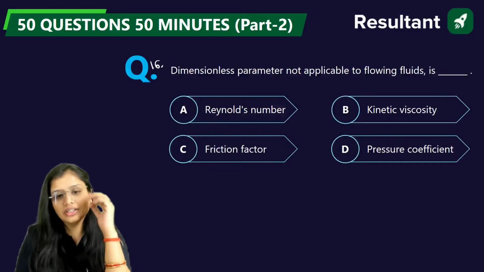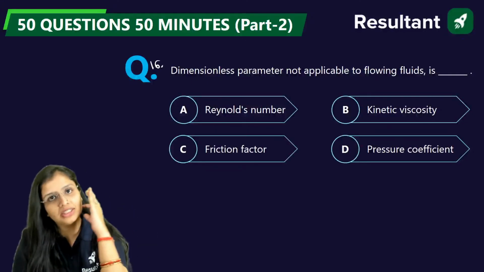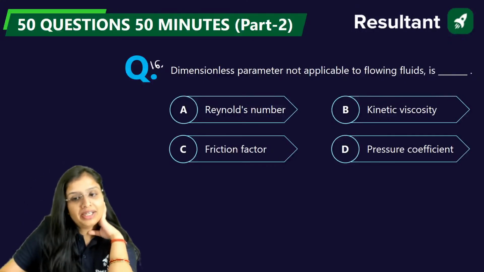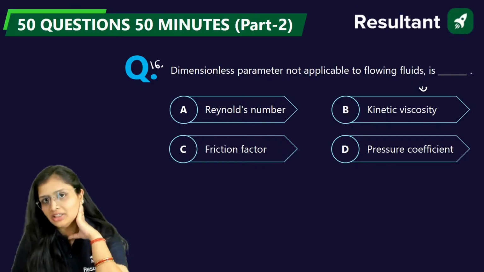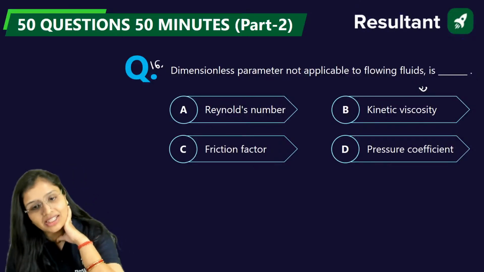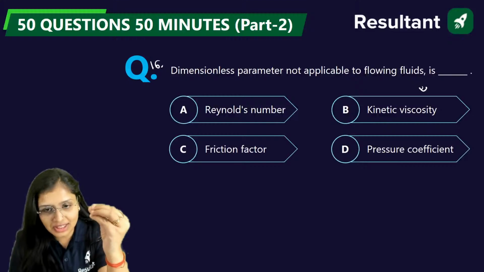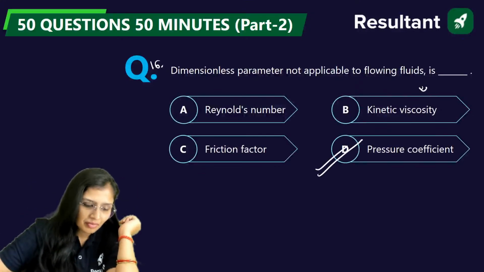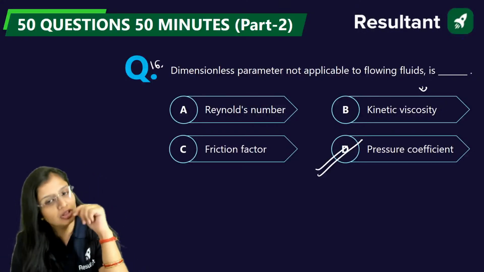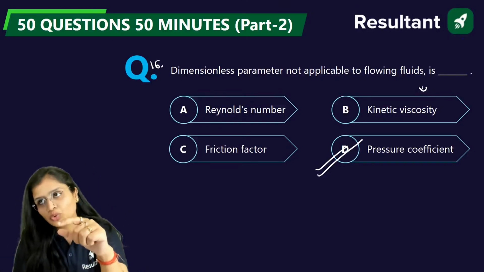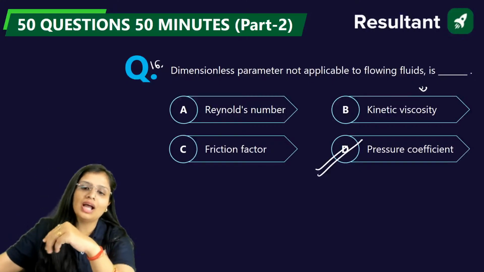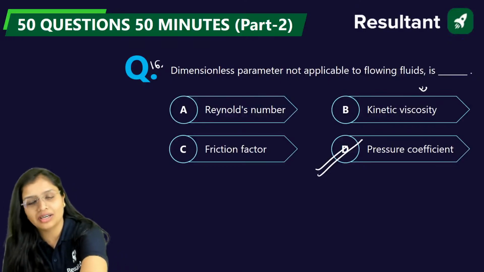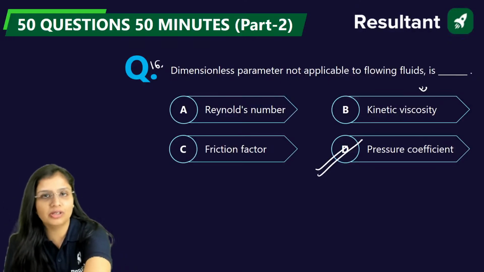Obviously it is dimensionless, but still it has a role to play. Kinematic viscosity nu is centimeter square per second, meter square per second, so it is not dimensionless. Pressure coefficient is the parameter which is not at all applicable for flowing fluids. We use Froude's number for open channel flow and Reynolds number in the case of pipe flow, for checking whether the flow is laminar, turbulent or transition.